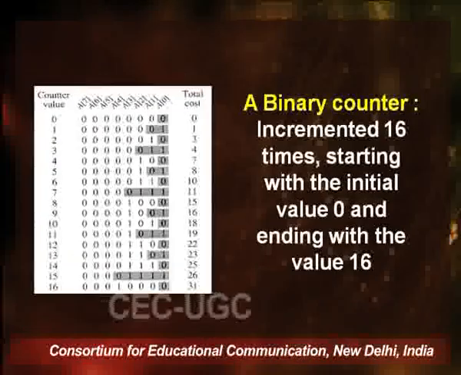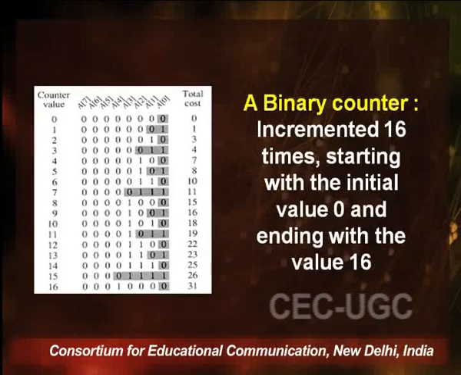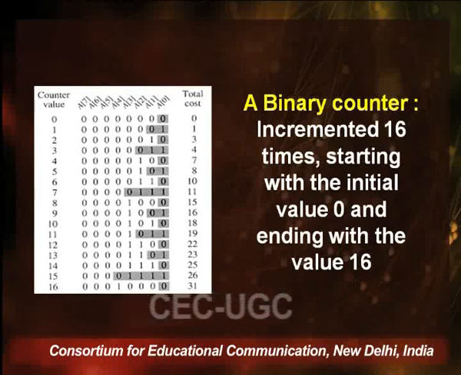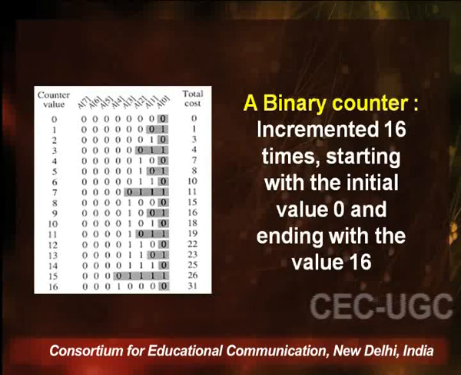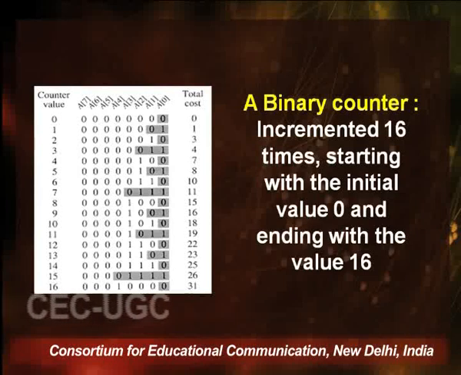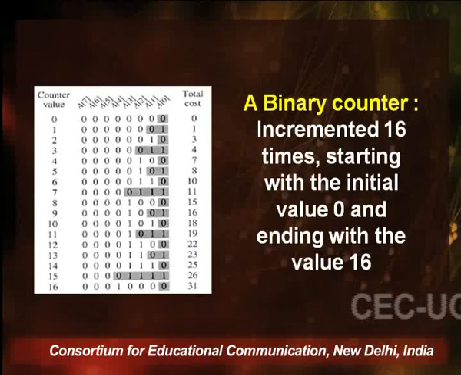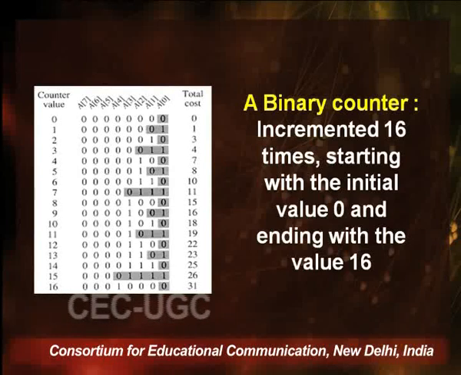Then what are we going to do with this binary counter? Let us try to understand it with the help of a figure. As you can see on the figure, we have an 8-bit binary counter. The indexing of the array A ranges from A0, A1, A2 till A7, which is k minus 1. At the top of the figure, the counter value is 0 and all the bits are 0.